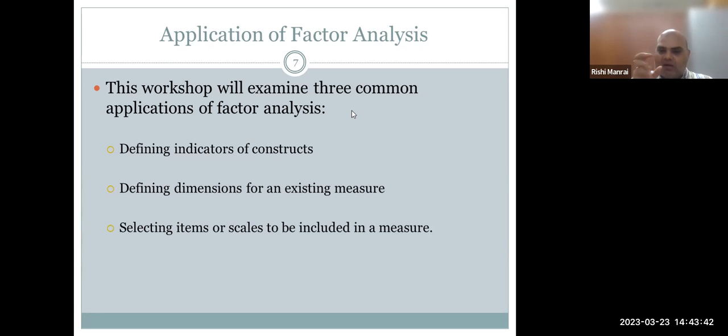But if the factor loading of that particular variable is low, then we will not keep that item in our model. That is the meaning of selecting a particular item or scale for the measure.